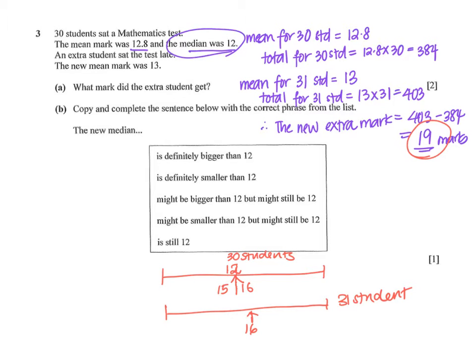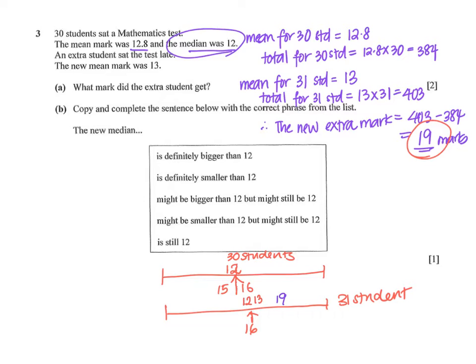This means that for the 16th student, the score itself could be 12, since I could have more than one 12. So this 16th student could have a median of 12 marks, or it could be 13, 14, 15, 16, and so on, or even the number 19.